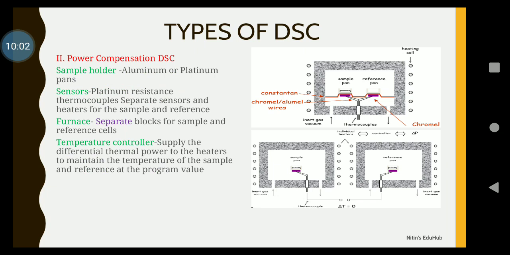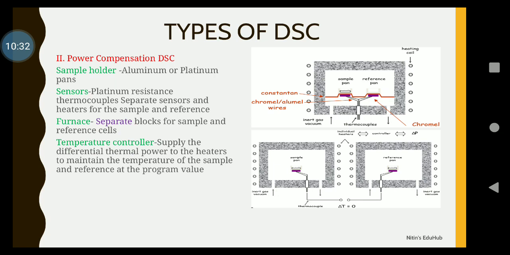Second type is the power compensation DSC. Sample holder is again aluminum or maybe platinum pans. Sensors are platinum resistance thermocouples, with separate sensors and heaters for the sample and reference. So we have two different sensors for reference as well as sample in case of power compensation DSC. Furnace, as earlier explained, has separate blocks for the sample as well as the reference cell.